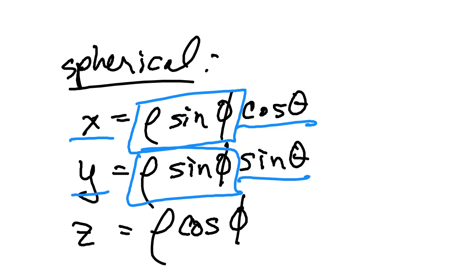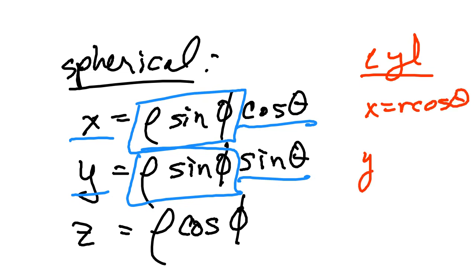So if you remember back in cylindrical, what did we say? We had x equals r cosine theta, and y equals r sine theta, right? So anyway, that might help you remember that.